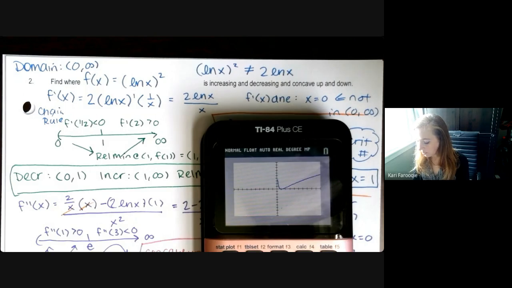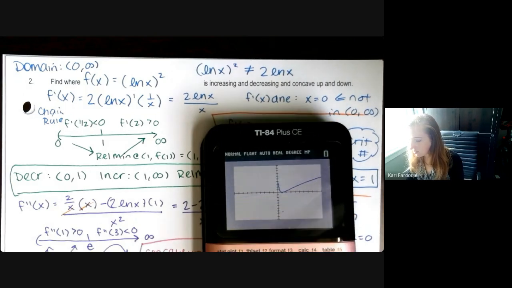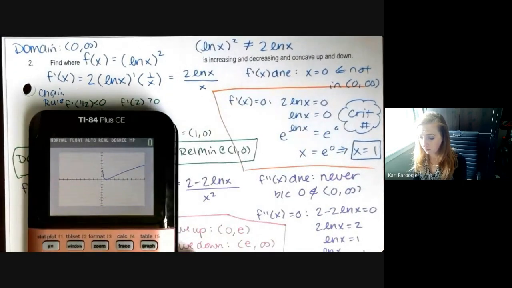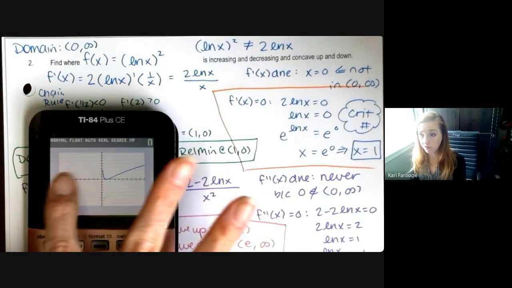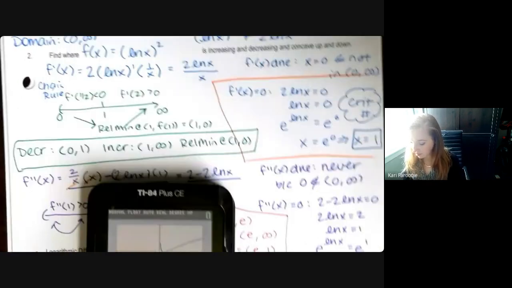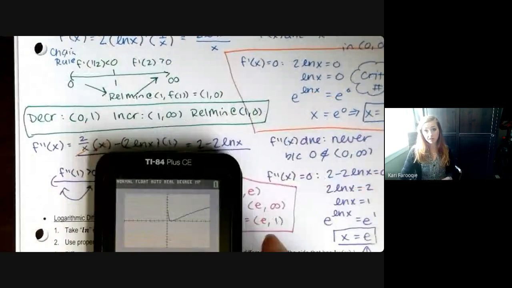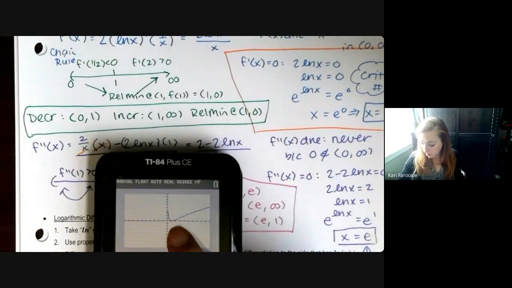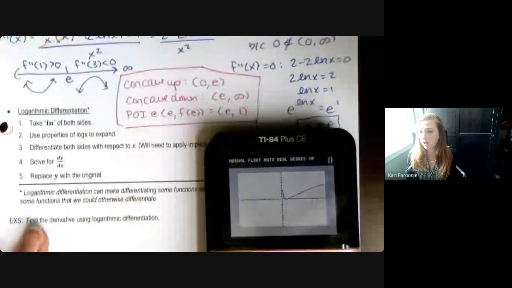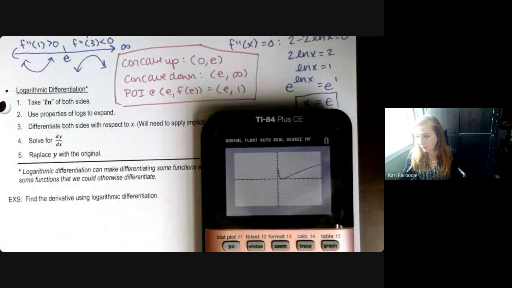We'll see what's happening. Now, it's kind of hard to see what's happening with points of inflection. Really, I didn't need to include this left-hand side of the graph. But let's see. We had it decreasing from 0 to 1. That's happening. Increasing from 1 to infinity with relative minimum at 1, 0. Yep, check. And then we had it concave down from 0 to e.